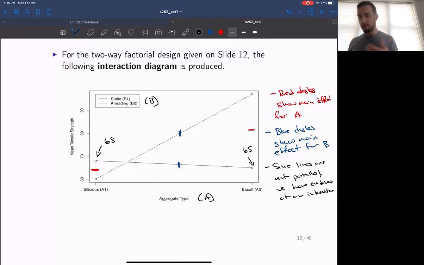It also allows us to understand what kind of interaction we would be dealing with if we did find evidence of an interaction from the ANOVA, the two-way ANOVA F test.